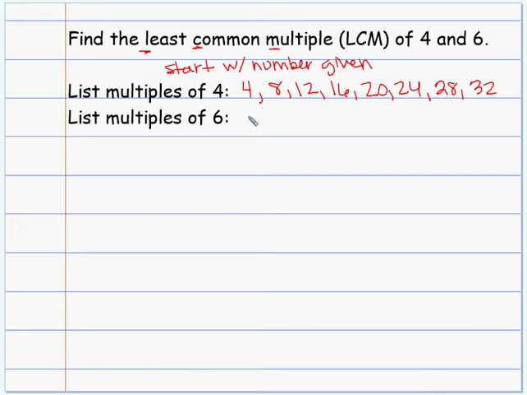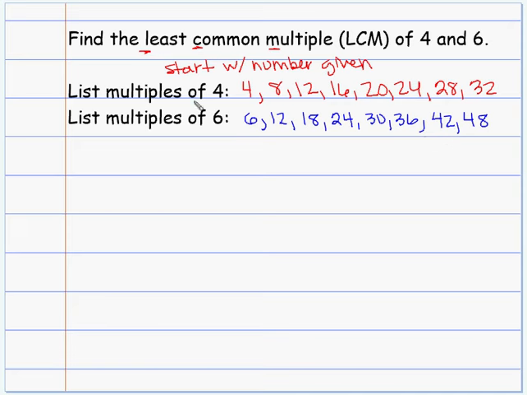Again, start with the number that is given. 6, then 12, then 18, then 24, then 30, 36. That's 6 times 1, 2, 3, 4, 5, 6. So 6 times 7 would be 42, and 6 times 8 is 48.